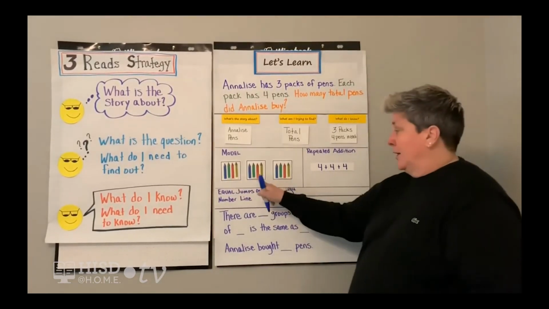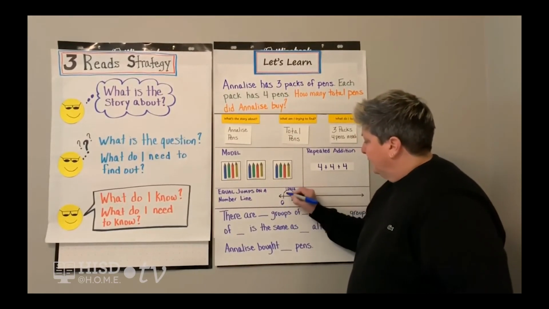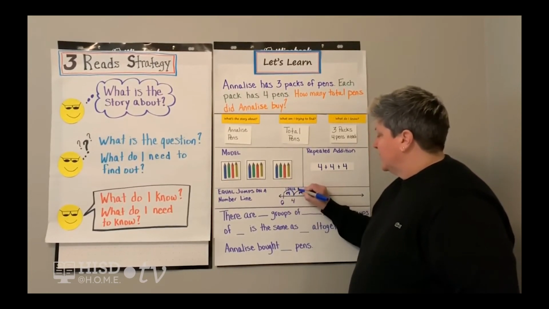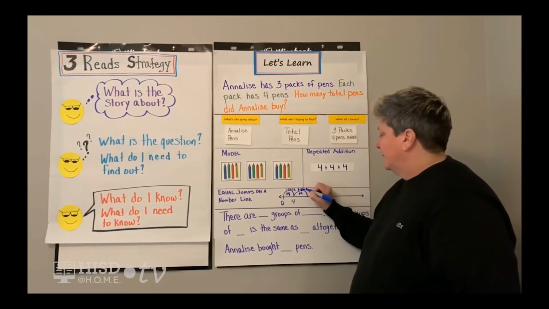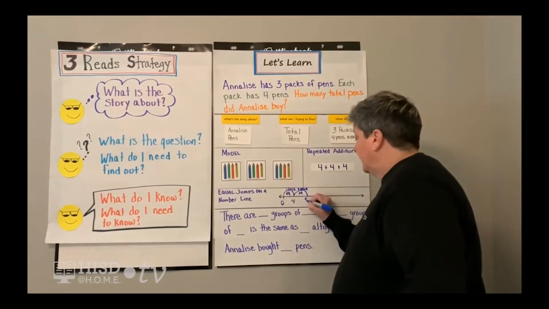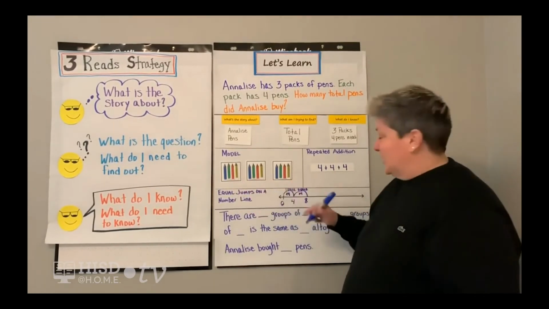We know that she bought another pack. That had 4. So this is my second pack. And 4 and 4 is the same as 8. And are we done? Or we need our last pack.